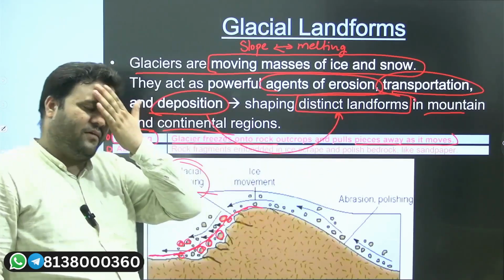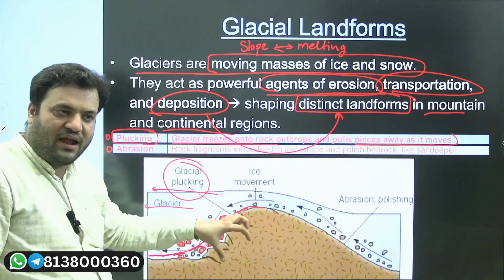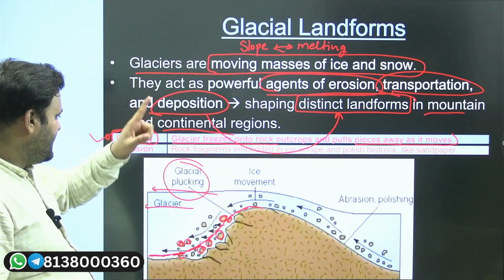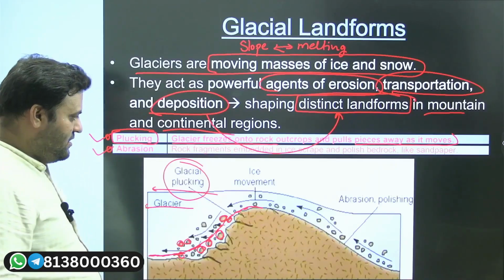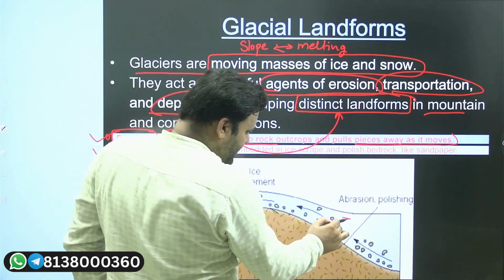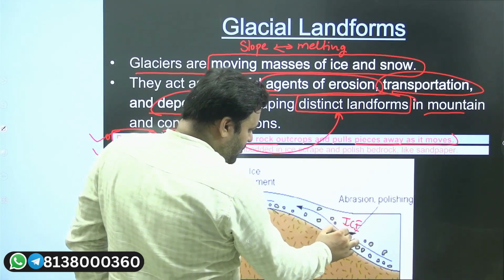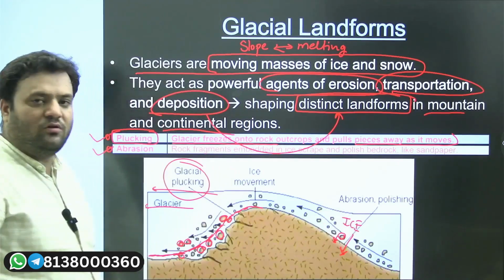So whenever we have a pure action of ice, and as a result there is a removal, that specific aspect will be called plucking. Similarly, we will have abrasion. Abrasion means when we have removed material and ice, and both lead to the removal of the slope, that will be called abrasion.